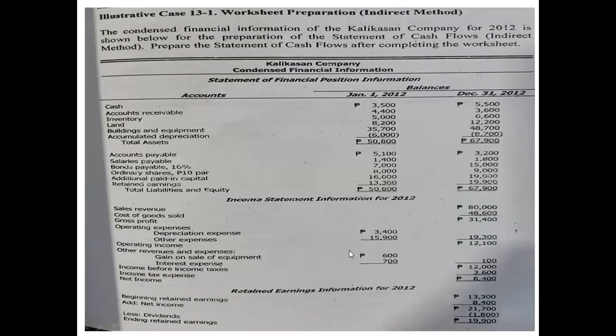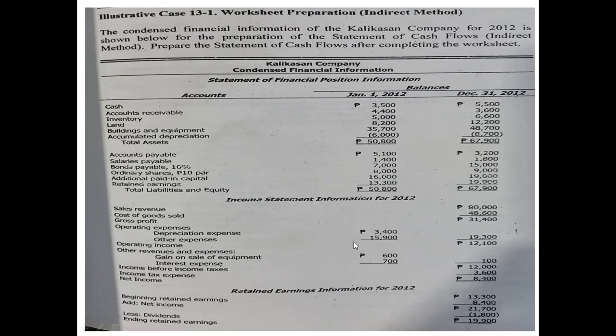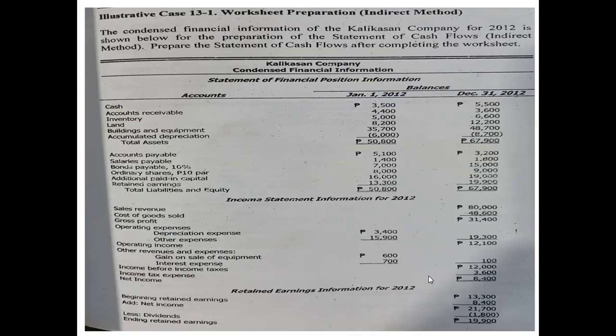So that's the 8,400 net income. Now next, depreciation expense of 3,400. Income tax expense of 100. So that's here, this one, 100.